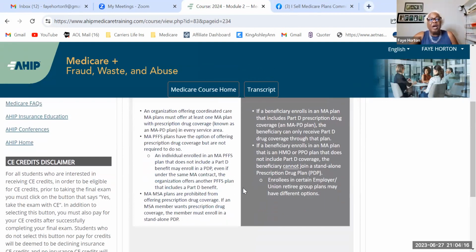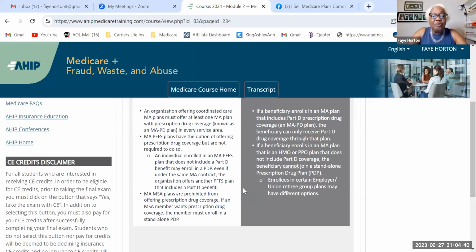An organization offering coordinated care MA plans must offer at least one MA plan with prescription drug coverage in every service area. Medicare Advantage private fee-for-service plans have the option of offering prescription drug coverage but are not required to do so.